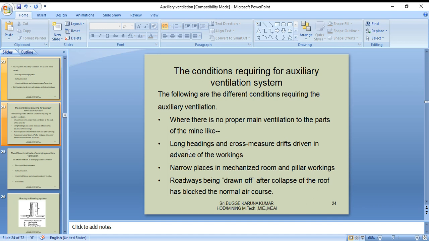Where there is no proper main ventilation to a part of the mine, like long headings and cross measure drifts driven in advance of the workings, narrow places in mechanized room and pillar workings, and roadways being drawn off after collapse of the roof has blocked the normal air course. This is one type of condition where you have to implement auxiliary ventilation.